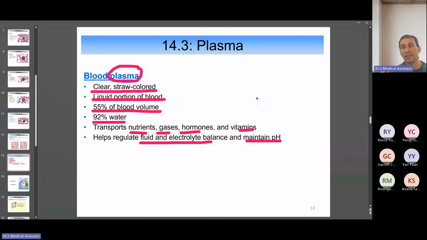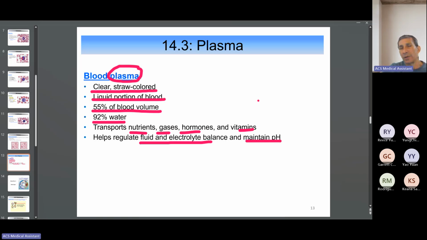Remember, this is the transport media of our body. This is like the train tracks, the streets, where all these cars, traffic, pass through, transporting everything that is needed to move from one place to the next.